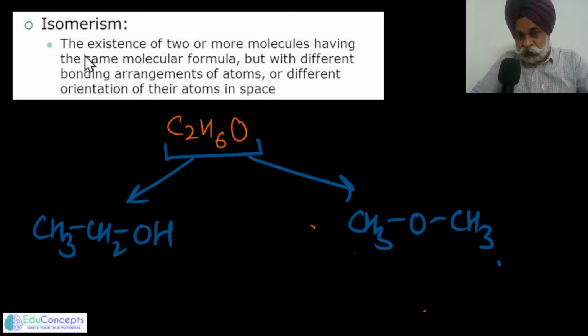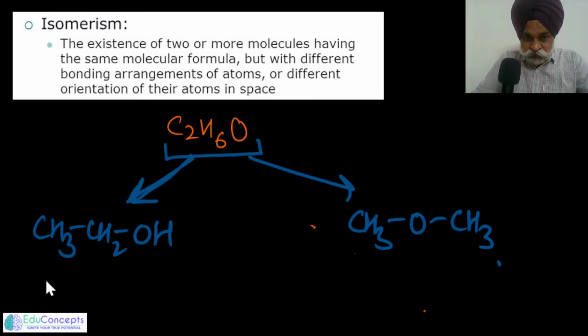Isomerism, if I have to define what we mean by isomerism: the existence of two or more molecules having the same molecular formula. I have written a molecular formula here, C2H6O, which, if I went to the market to buy it, would be available in two forms.